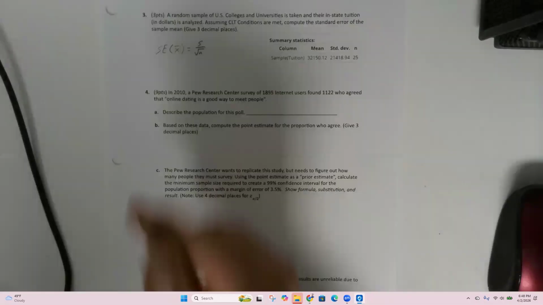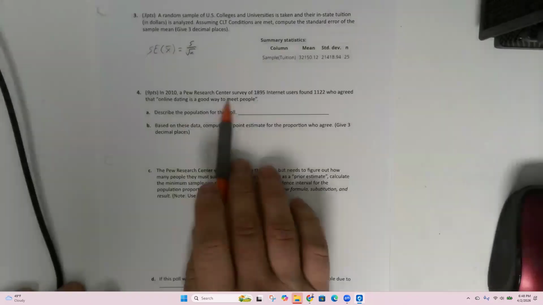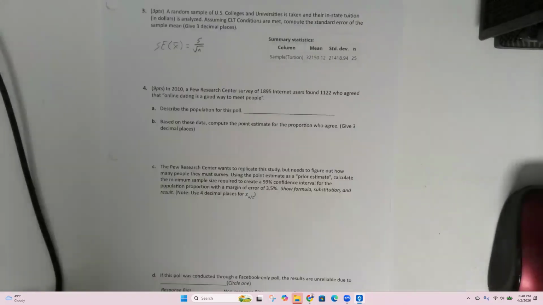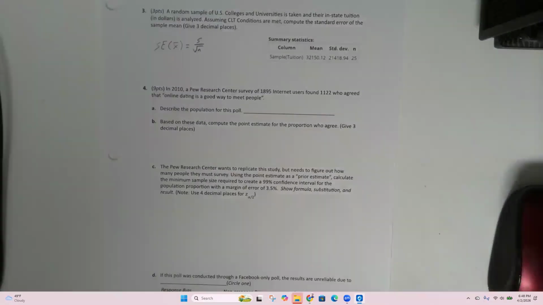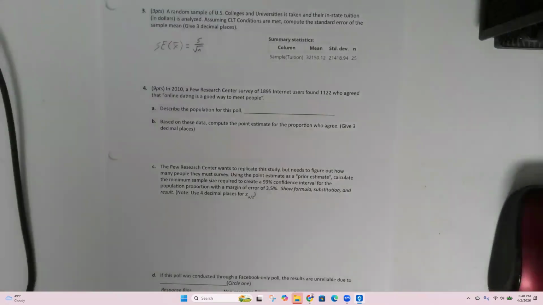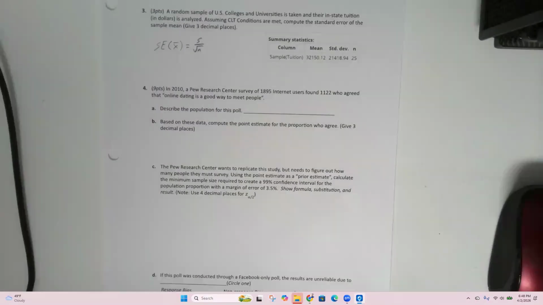Okay. A Pew Research Center survey of 1,895 internet users found that 1,222 agreed that online dating is a good way to meet people.